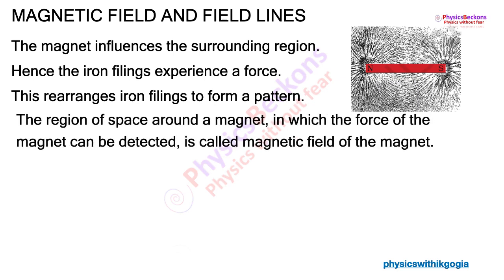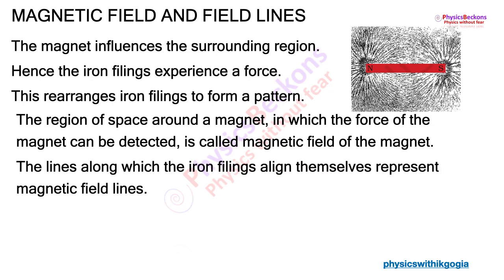The region of space around a magnet in which the force of the magnet can be detected is called the magnetic field of the magnet. The lines along which the iron filings align themselves represent magnetic field lines. We get magnetic field lines in a magnetic field, that is, the space around a magnet in which its magnetic effect or magnetic force can be experienced.